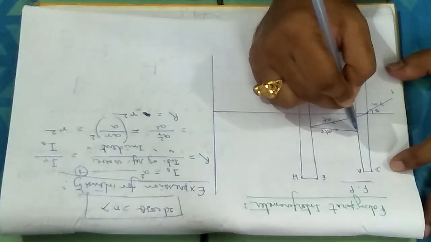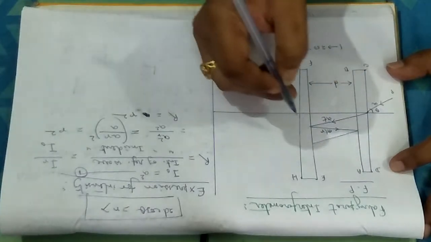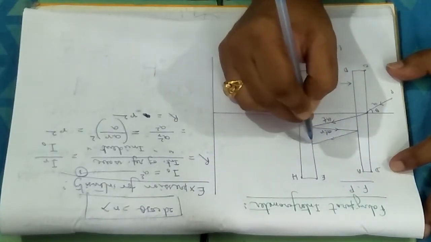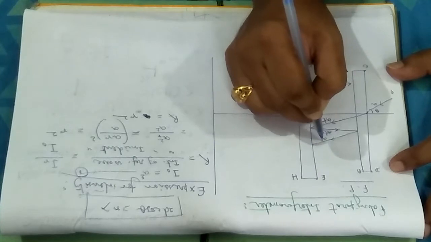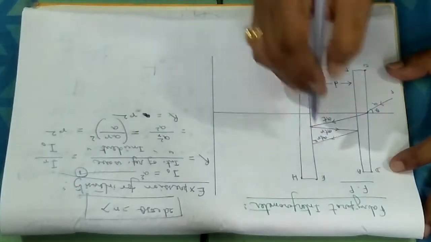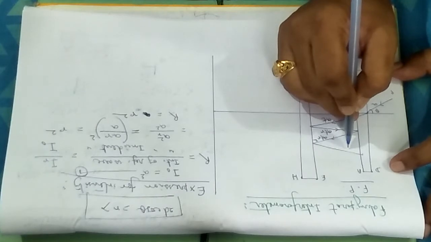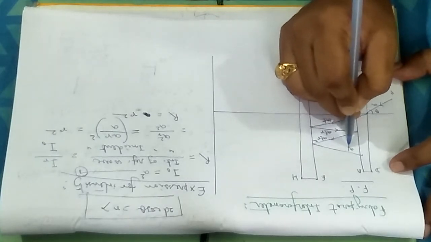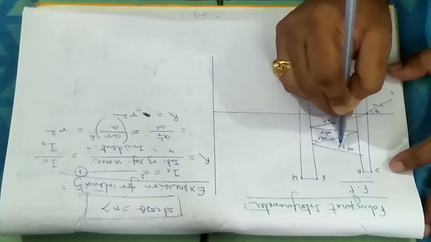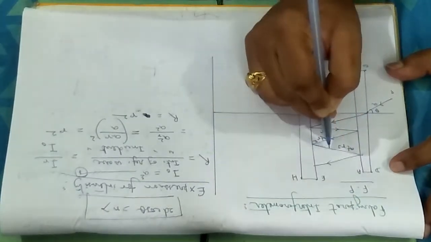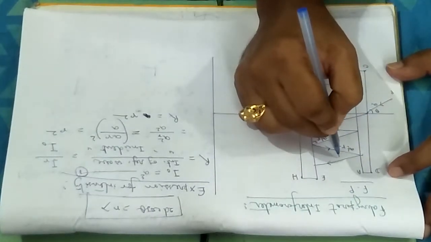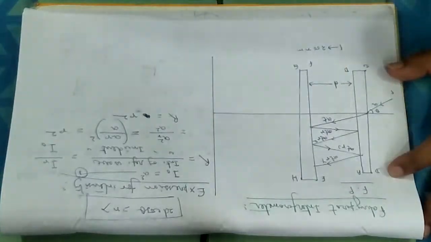Then if the ray is again reflected from that surface, the part coming in this direction will be ATR squared. Similarly, if it is again reflected, it will be ATR cube, and then ATR to the power 4.